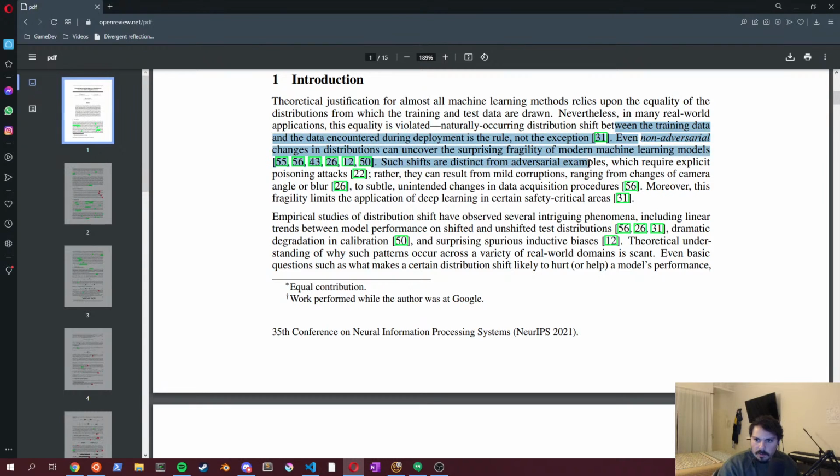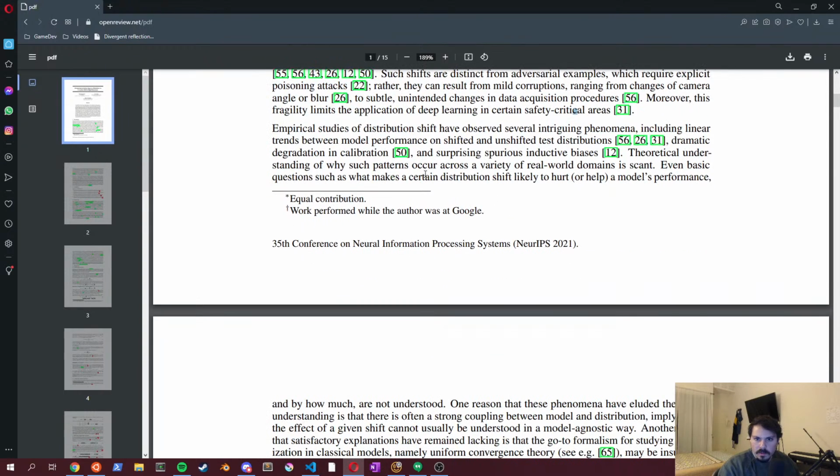Such shifts are distinct from adversarial examples, which require explicit poisoning attacks. Rather, they result from mild corruptions ranging from changes of camera angle or blur, to subtle, unintended changes in data acquisition procedures. Moreover, this fragility limits the application of deep learning in certain safety-critical areas.